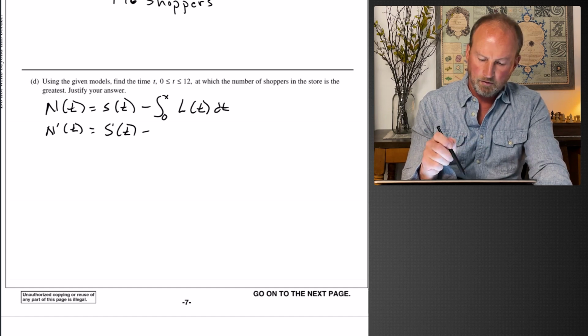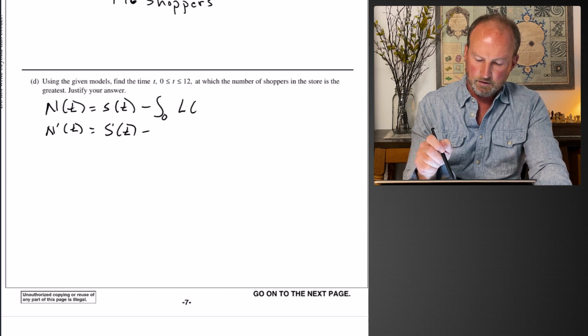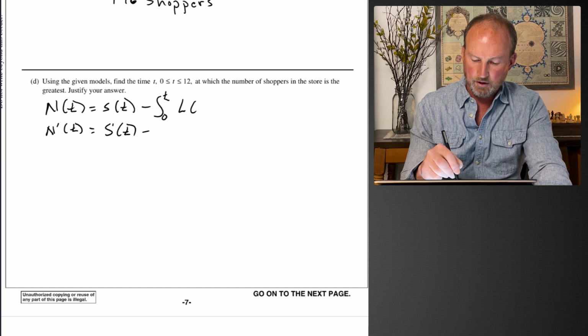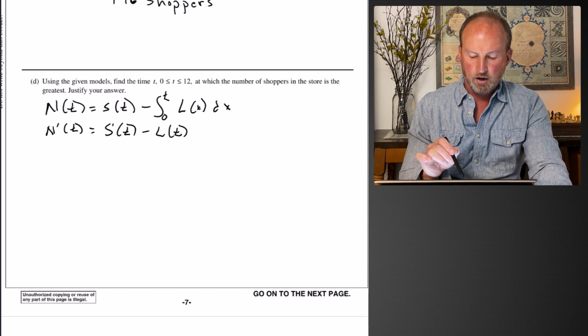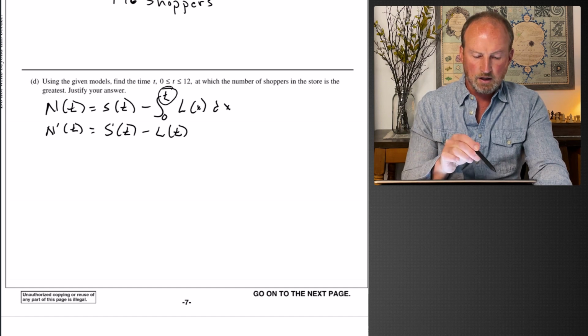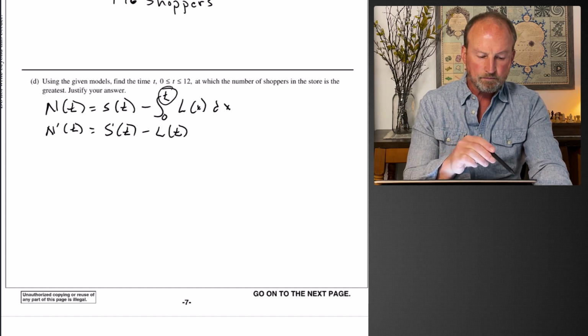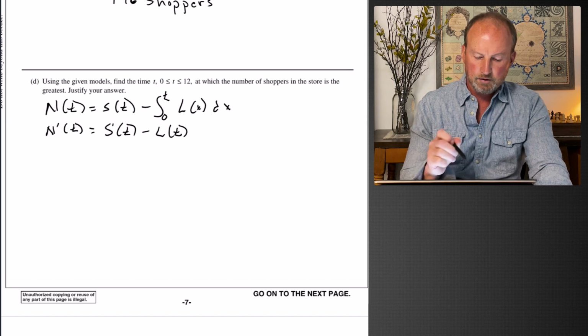Now I'm going to use a dummy variable inside, not outside. Does it really matter? Yeah, we do want to use good notation. Okay, so this will be L of t, using my dummy variable inside. Remember, these two variables, the upper bound and what's inside, have to be different. So that's why we picked the x.